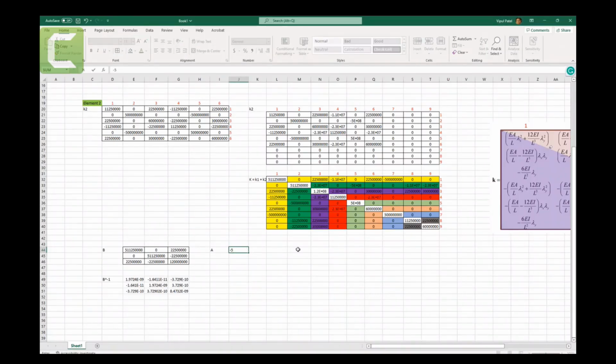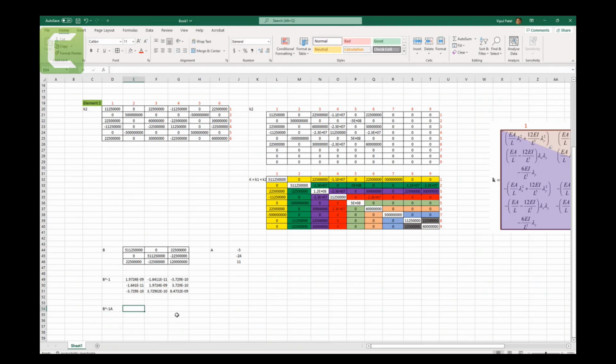So we need to multiply B inverse times this A.